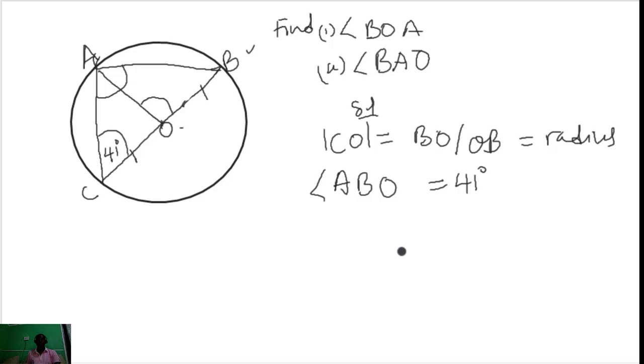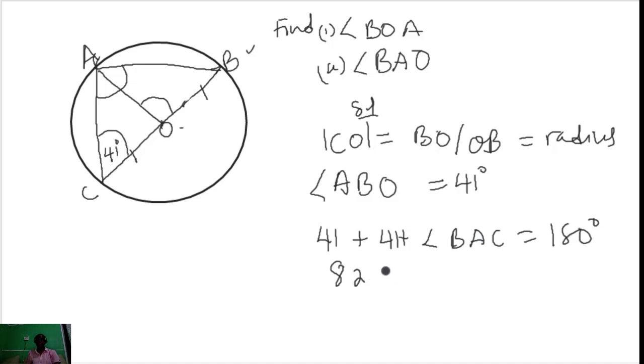Good. So let's find this angle at A. The angle at A will be 41 plus 41 plus angle BAC is equal to 180 degrees. So 82 plus angle BAC is equal to 180 degrees.